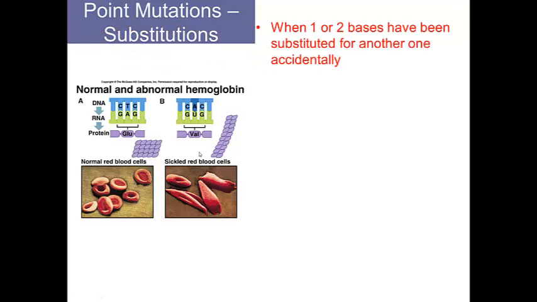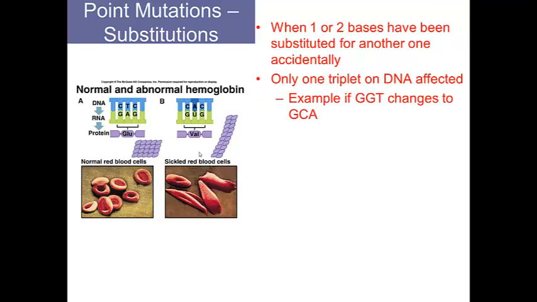Point mutations or substitutions are when a base has been substituted for another accidentally. Only one triplet on the DNA is affected. An example is if guanine thymine changes to guanine cytosine adenine.